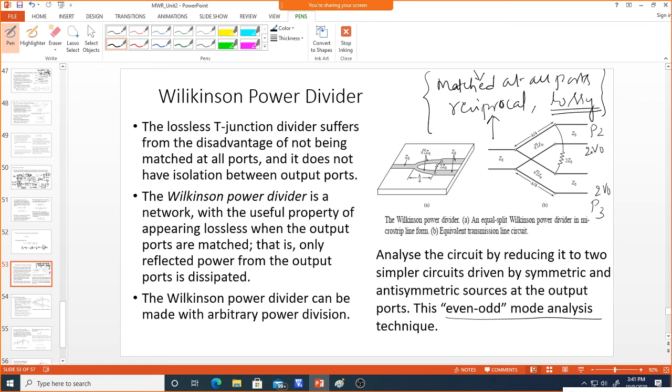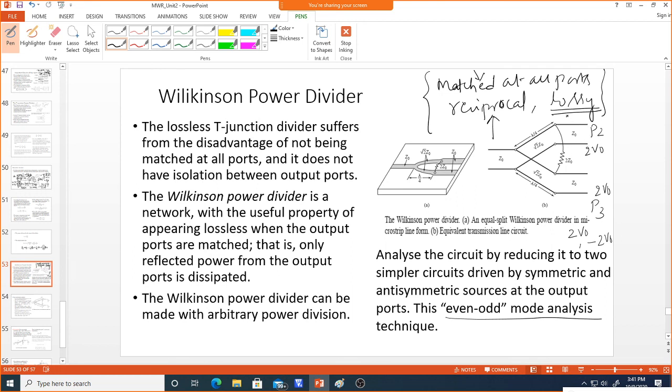And if you excite port 2 and port 3 with opposite phase, that is, one you give 2V0 and the other you give minus 2V0, that is odd mode. Then the total voltage at this port is the combination of even and odd modes.